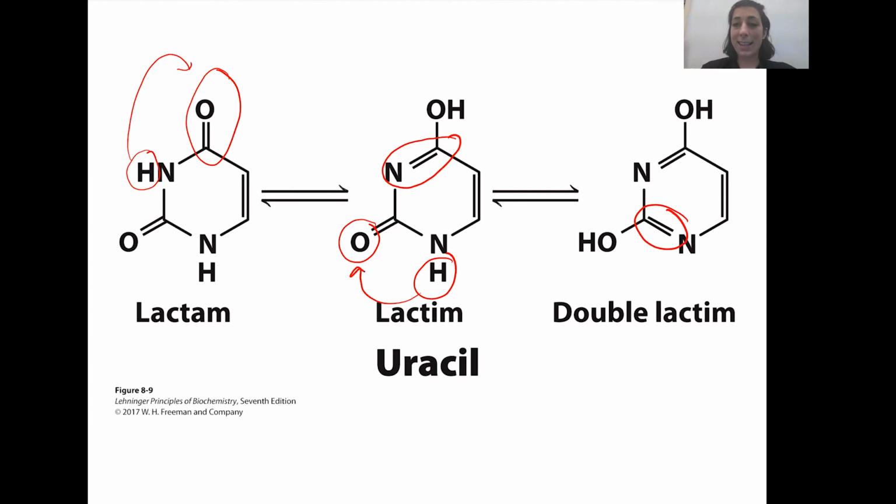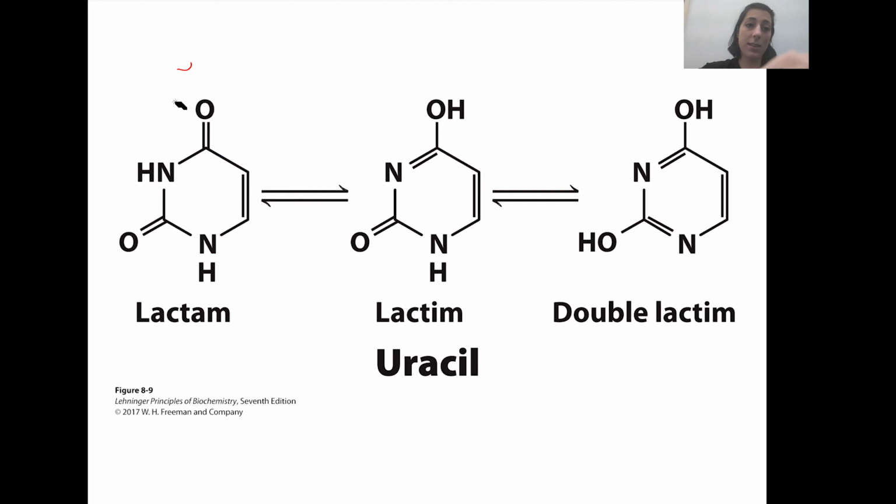Why is the lactam form the more predominant, or why hopefully it is at a pH of 7? Well, remember that this nitrogen, the N1 nitrogen on our pyrimidines, is the one that is utilized in binding to the actual sugar through that N-glycosidic bond.